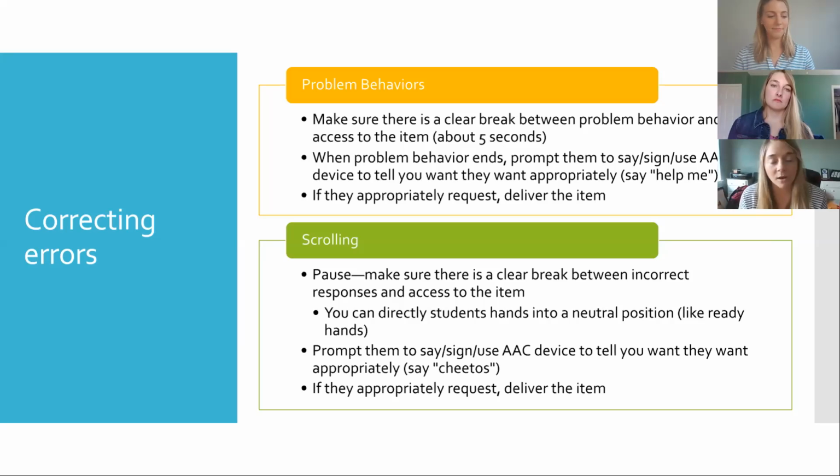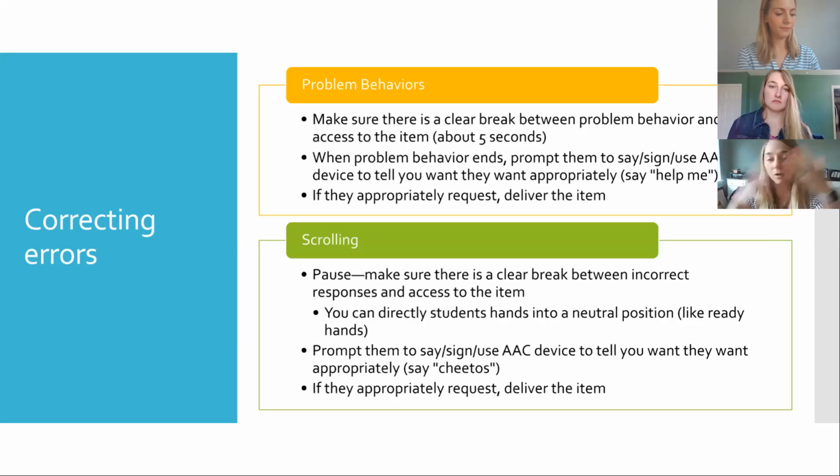So when there's problem behavior or they're asking for it inappropriately, whatever that might look like, it will look like a variety of things. You're just going to withhold attention, withhold access to any preferred items, wait 5 seconds for no problem behavior, and immediately prompt. What you want to avoid is prompting with, what do you want? Tell me what you want.